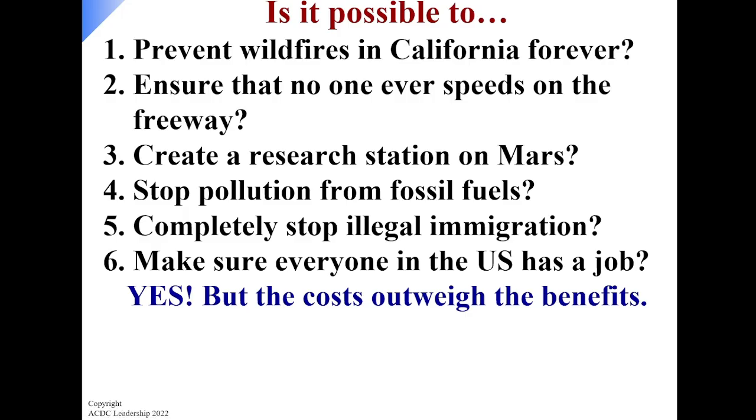So if we want to prevent wildfires in California forever, we'll do a bunch of safety measures in all the forests, but that resource could be spent somewhere else. You're much better off spending those resources on actually making goods than preventing these problems. So the costs outweigh the benefits, so we don't do them.